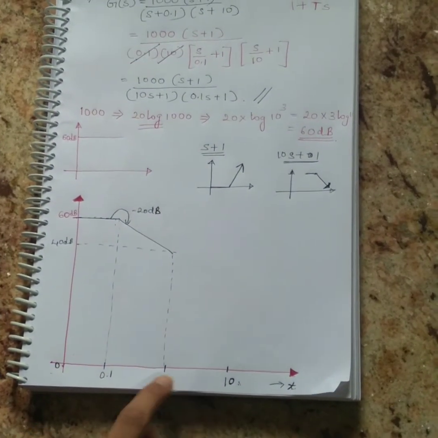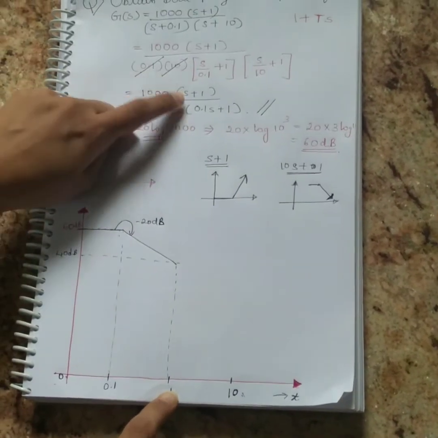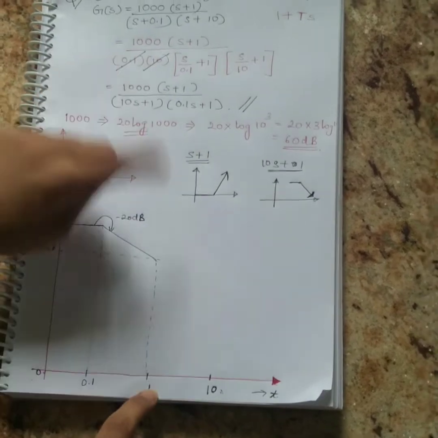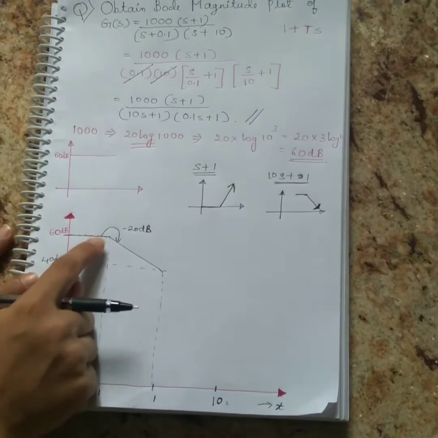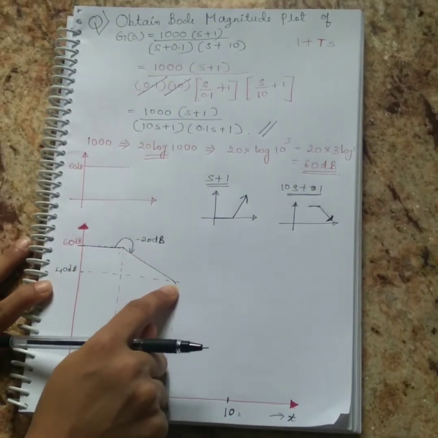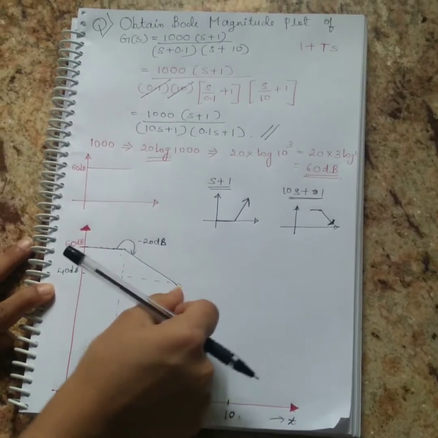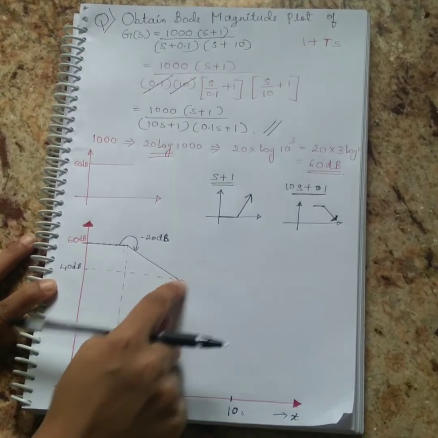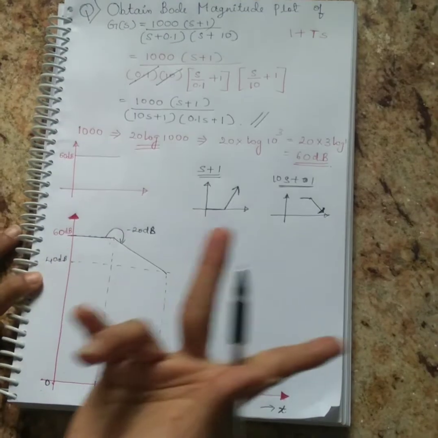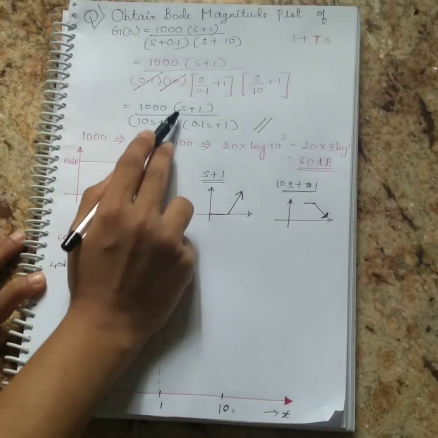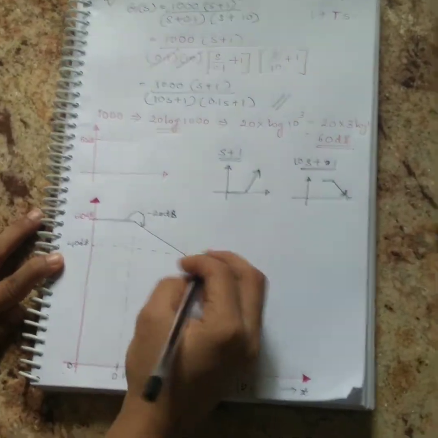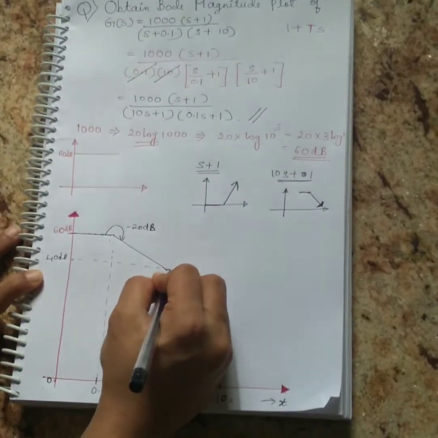Now again at 1 there is a zero. If it is a zero, then it will move upward, right? But since it has already moved downward, here again it can't rise upward directly. If it has to rise upward directly, there have to be 2 zeros. But at s plus 1 there is only 1 zero. So I'm going to take a straight line.